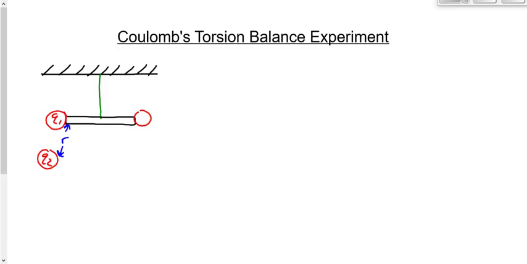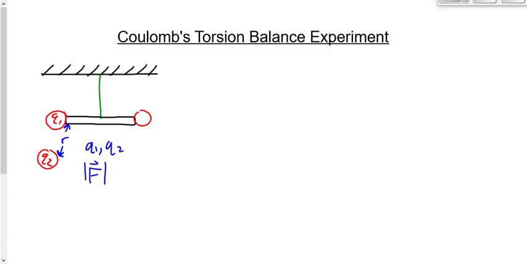So he can measure R easily. He can kind of measure Q1 and Q2 by the relative values. The force, he measures simply by looking at the amount of twisting of the string. You guys have all done this before, right? You go to a playground and a swing set, and you twist the swing so that when you let it go, it spins around.